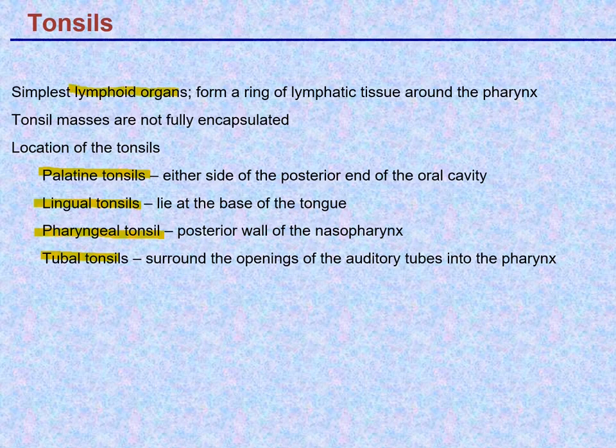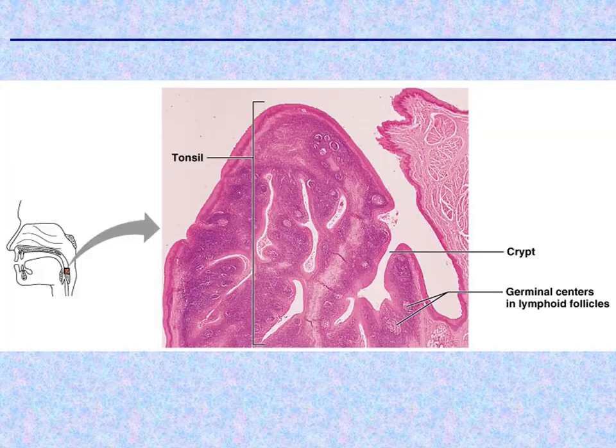Tonsils are partially encapsulated. They don't have a full capsule around them, and that can be seen very easily by the fact that they have this connective tissue capsule all around this histological section of a tonsil, but they have also this crypt.